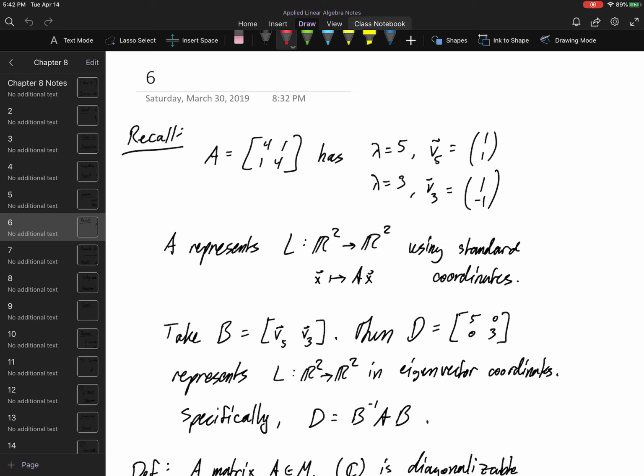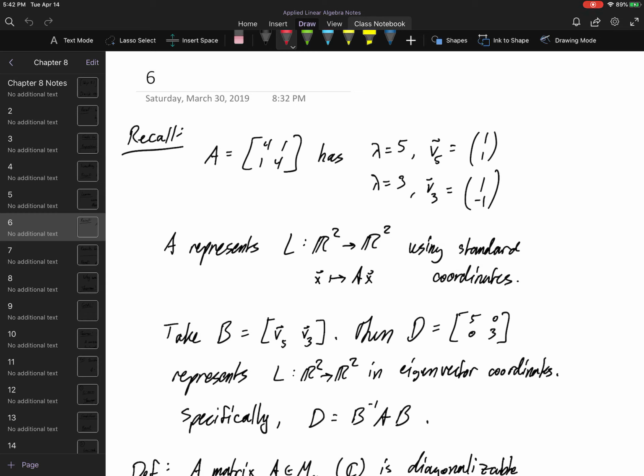So I'm going to fill up a matrix with eigenvectors, with bases of the eigenspaces. And for this extra matrix, I'm going to create this matrix D. And D is going to just be a diagonal matrix. Clever name, right? D for diagonal.